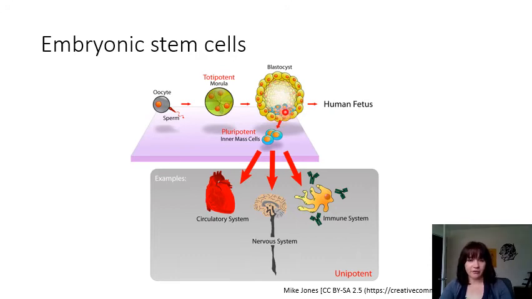If you ever have testing done, say during IVF, they will take some of these surrounding cells to do genetic tests so that they don't damage the inner cell mass. So these inner cell mass cells have to be removed, and that is what destroys the embryo. And then these cells can be used for potential regeneration of all sorts of tissues. All right.